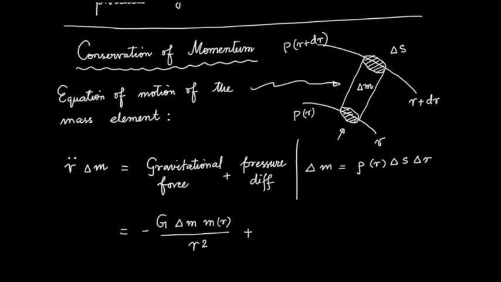So force per unit area at the inner radius is P of r. So the total force is P of r times delta S. And outside it is P of r plus dr times delta S.